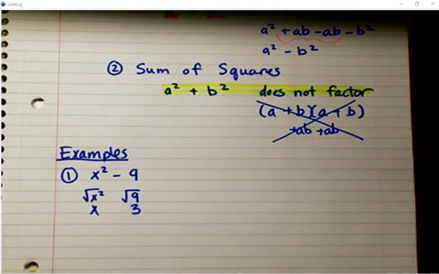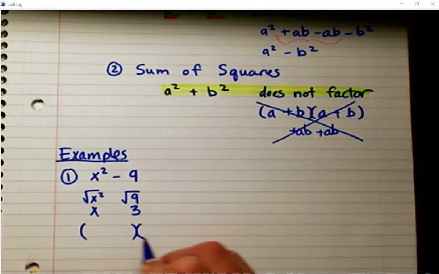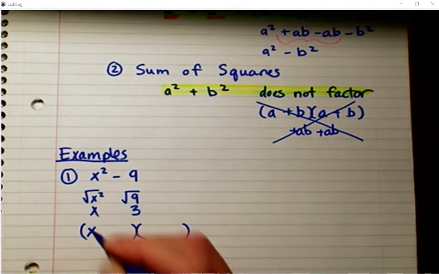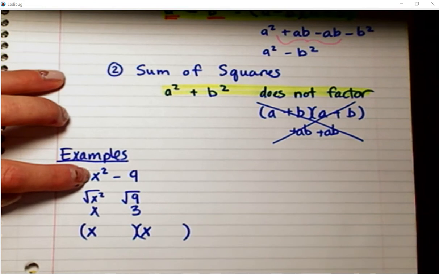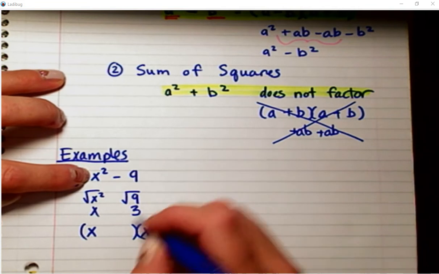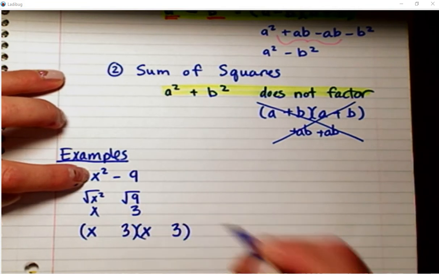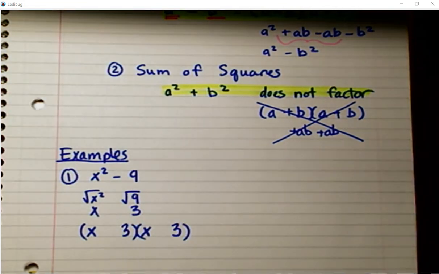Okay. That means that the inner and the outer have to cancel out. How do you multiply to get x squared? X times x. How do you multiply to get 9? 3 times 3. Everything you've already learned still applies. This just happens to be kind of narrowing my choices because it's a pattern.